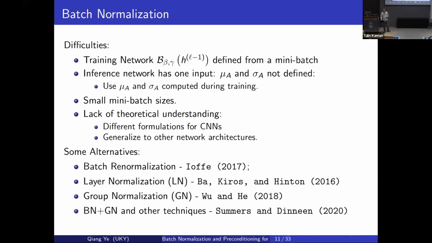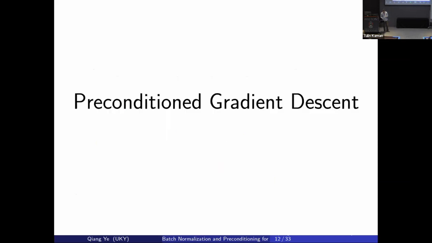There are several works that try to address these theoretical difficulties, things like batch renormalization, layer norm, group norm, and also group norm plus batch norm. All right, I think I will just mention those. Okay, so that's some background.